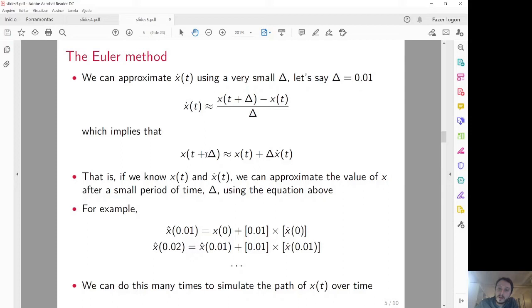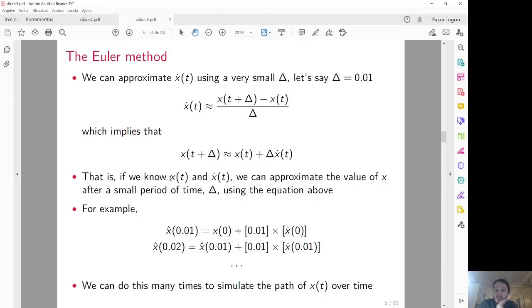If you think that delta is equal to 1, then x at time t plus 1 is approximately equal to x at time t plus 1 times the derivative. Okay? So what we are learning here is that if we want to use time gaps between time periods smaller than 1, we need to include here the size of the time gap.